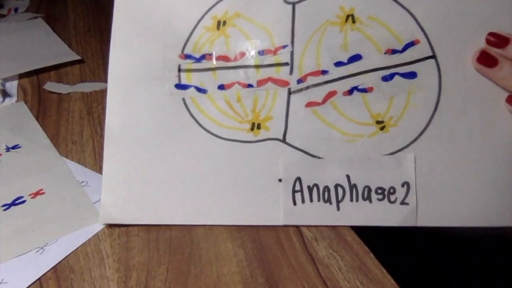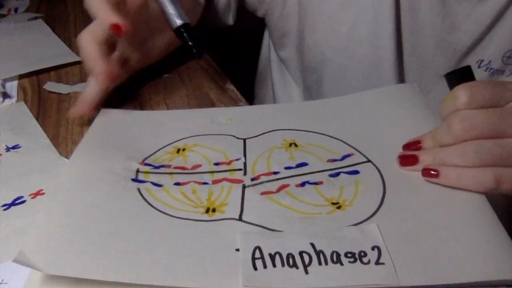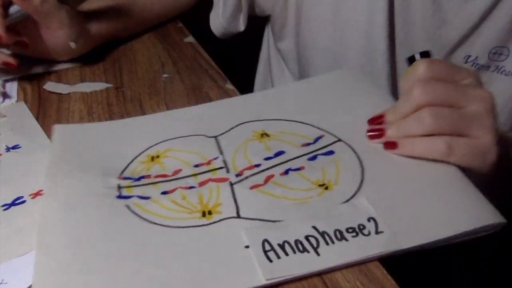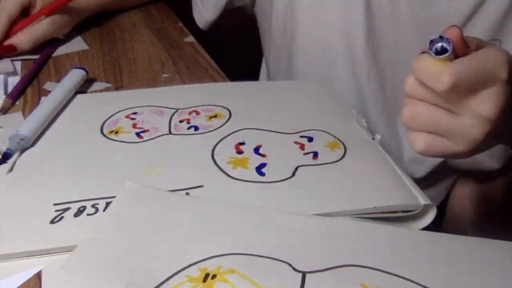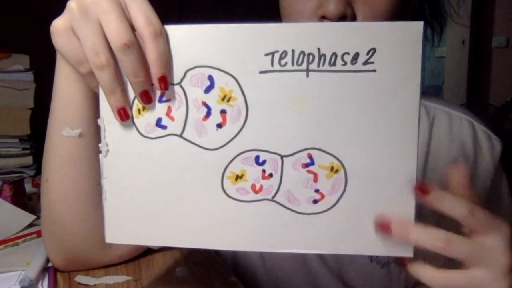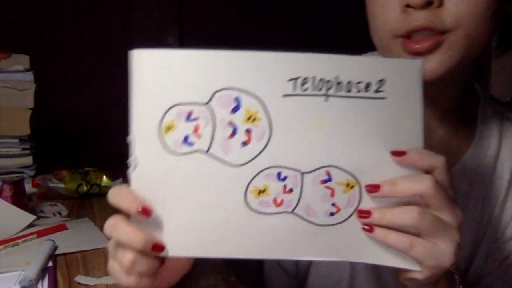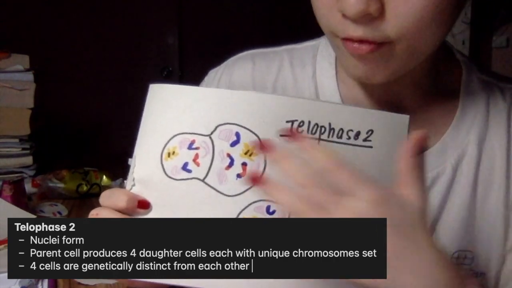They'll be pulled apart, creating 4 parts, which is the result. These are the 4 daughter cells, which have the unduplicated chromosomes together but separated into 4 parts.